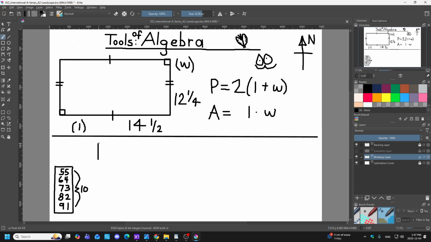Perimeter equals 2 bracket. Now I have to, again, these have to be improper, right? So length, okay, let me go like this.